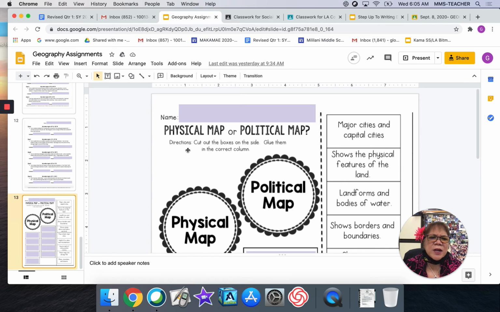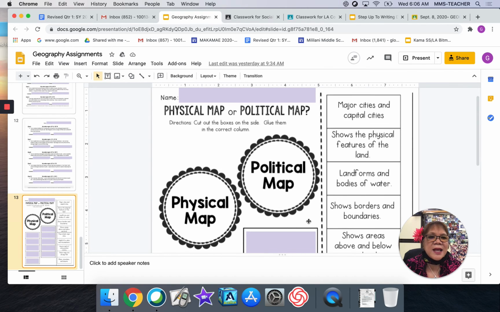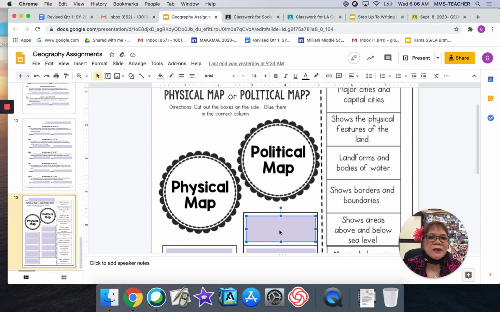It says directions. Cut out the boxes on the side, glue them on the correct column. Because you folks are not here and we don't have that hard copy for you, what I'm going to ask you to do is in the purple boxes that are provided, you're going to type in the answer there. Okay, so you'll click on it and type it.